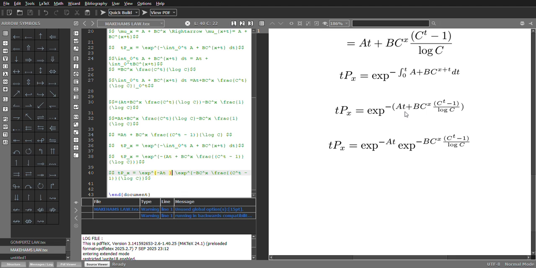Now, our next thing, we know how we solve this part in the video of Makeham's Law. Let me help you solve this part.